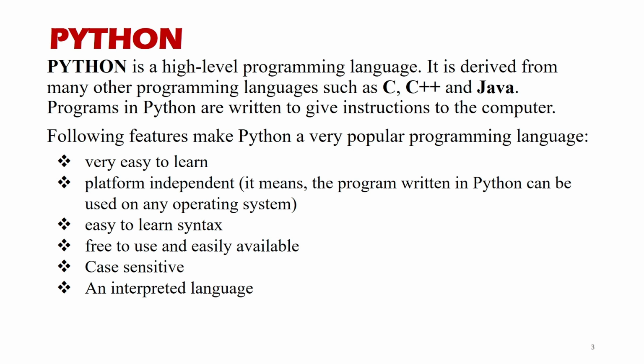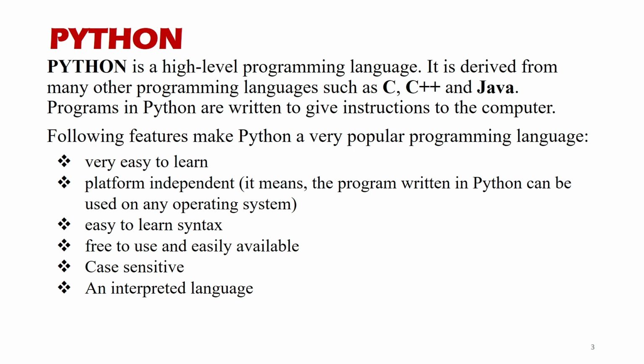The following features make Python a very popular programming language. First, it is very easy to learn since it uses very simple English. It is easy to learn for everyone. That is why it is being introduced in classes in schools. Then, platform independent. Platform means operating system.